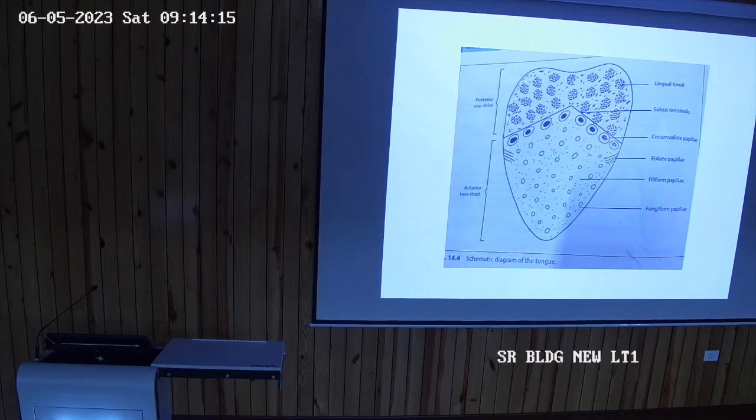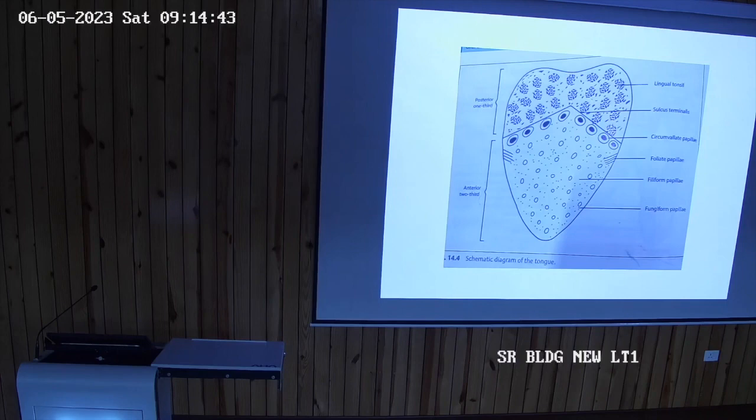See this diagram. This is the anterior 2/3 part and this is the posterior 1/3 part. In the anterior 2/3 part, the mucous membrane shows a large number of projections, and these are called the papillae. So papillae are present mostly on the anterior 2/3 part of the tongue.